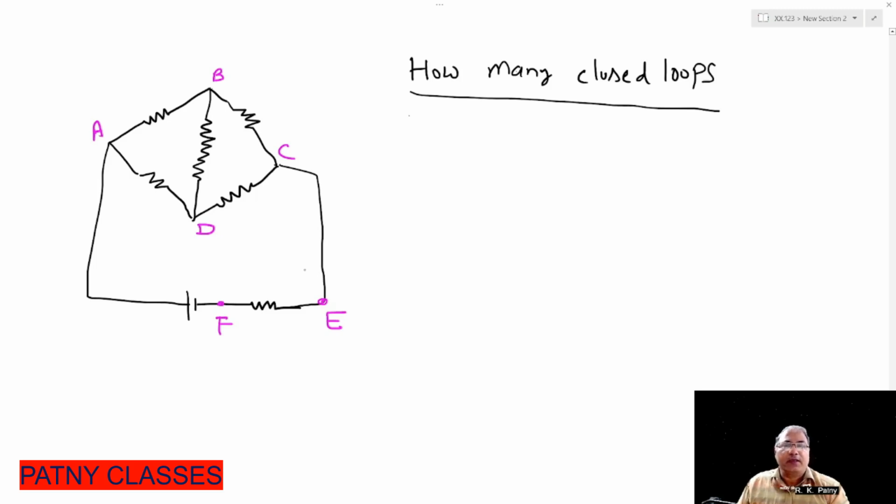Can you guess how many closed loops are in this network? The first one is loop A, B, D, A. This is the first closed loop. Then the loop B, C, D, B is also a closed loop.